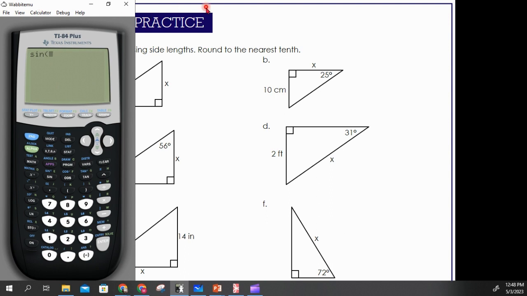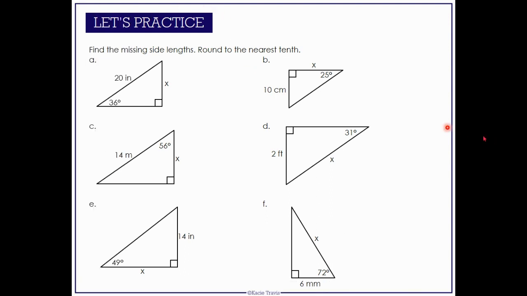All right, first off, let's look at all our triangles here. We got 1, 2, 3, 4, 5, 6. First thing you want to do, like any good mathematician, is start labeling some stuff. So first off, A, we want to label the stuff that we got here. We got our angle 36.